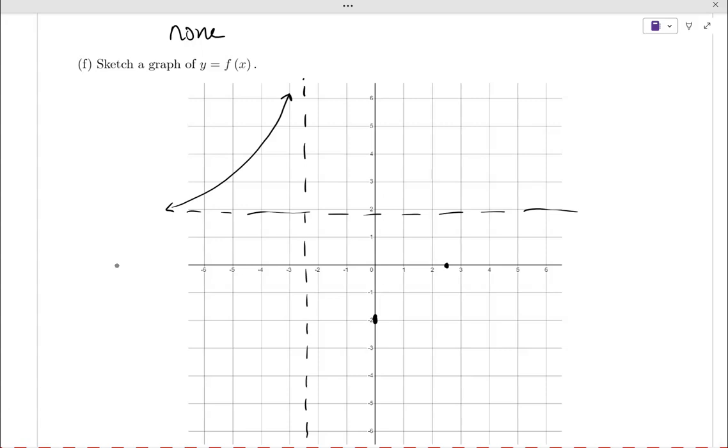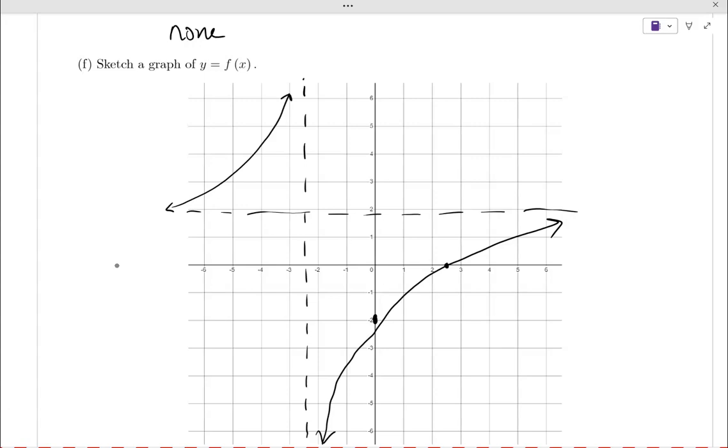On the other side again, it either goes down or up. Which way does it go? Up, because I have to go through those 2 points, right? So it has to go up that way. Does that make sense?